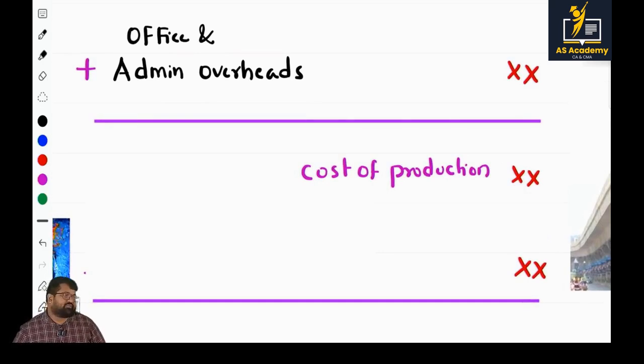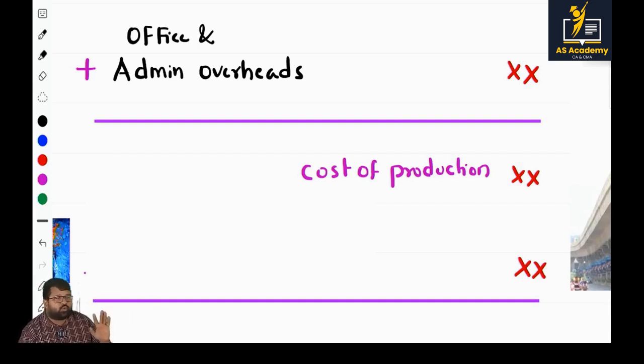Cost of production. So can you give the meaning of cost of production? Cost incurred for producing the goods. Okay, whatever cost we incur for producing goods is nothing but cost of production.